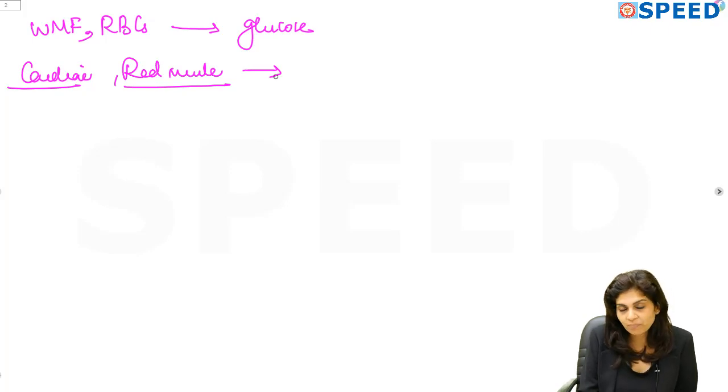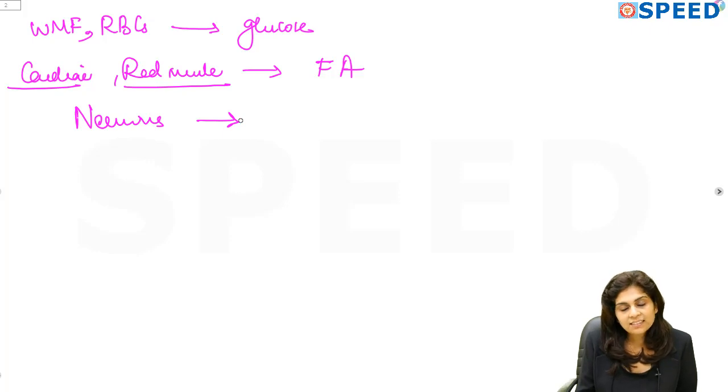So what metabolism do you think they undergo? Aerobic metabolism. And if it's aerobic metabolism, I've given you two choices of fuels, glucose and fatty acids. But given a choice, what would a cell choose? Fatty acid. So what is the preferred fuel for cardiac muscle fibers and red muscle fibers? It's fatty acid. Okay. And what is the preferred fuel for neurons?